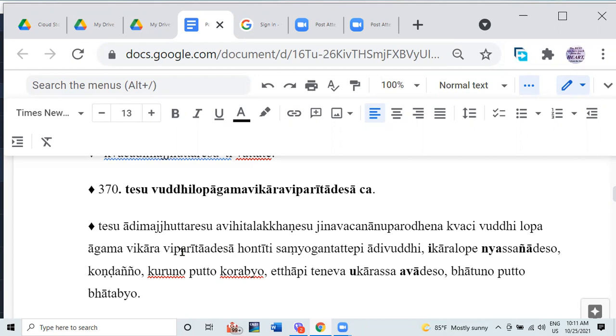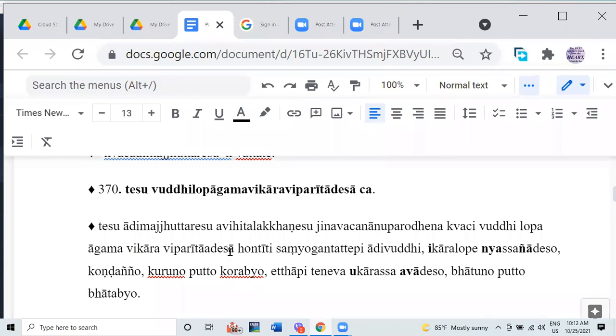So like this. That means the beginning, the middle, and the final letters of words. This Avihita only modifies the beginning letter, the middle letter and the final letter, not the words.